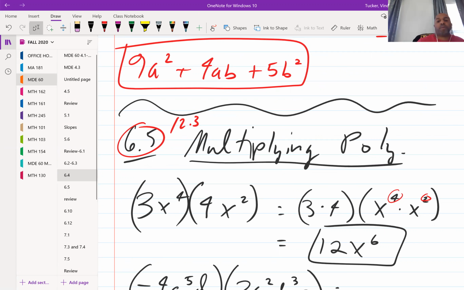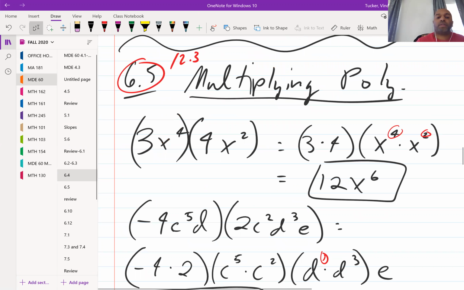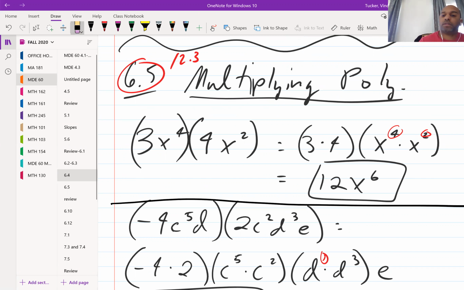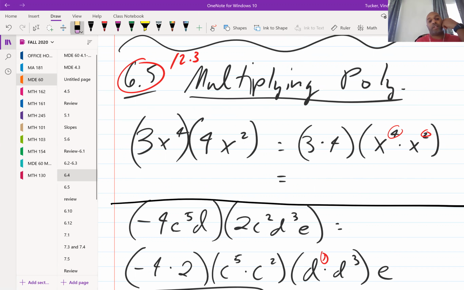So when we're looking at multiplying our polynomials, the way we should process what we're looking at, let's say if we had 3x to the fourth times 4x squared, you would multiply the 3 times 4, the coefficients that are sitting in front of our variable, and then add your exponents. Remember, that goes back to our exponent rules. And then that result will be 12x to the 6.